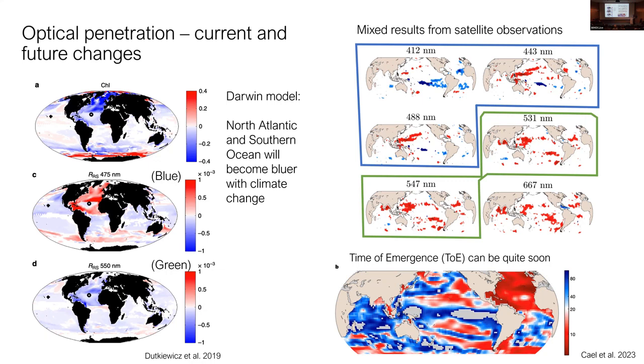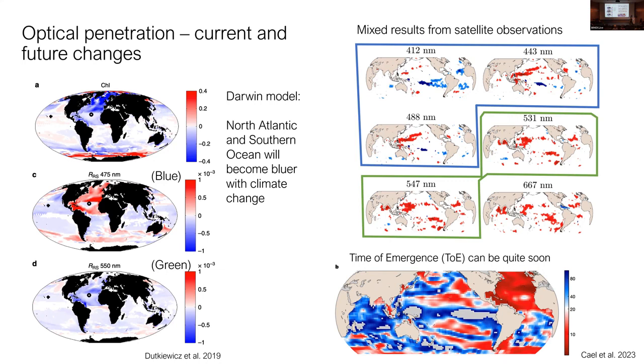So this is in contrary to these results, but regardless, using a combination of the satellites and the models, they're suggesting that the time of emergence can be quite soon. So we should be able to start seeing a signal that departs from the noise in the North Atlantic in less than 20 years, which is pretty exciting. So optical penetration is a little bit of a mixed bag. We're not entirely sure what's going to happen, but we think that the North Atlantic will experience the largest changes.